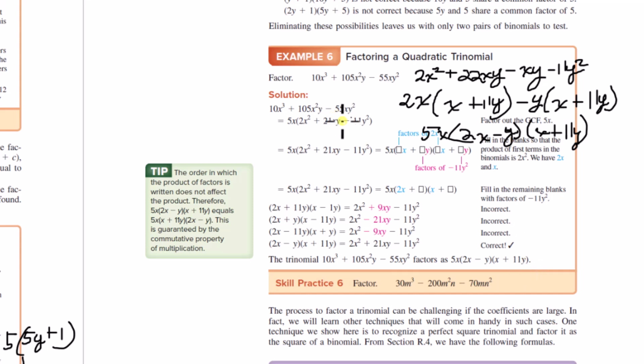So again, what we did was we first factored out the greatest common factor, and then we inspected this and saw that it is in a polynomial form, right? It needs to be some form of a quadratic trinomial. So this is x to the second, then x to the first, then x to the 0. And then you consider the coefficients, like here's a coefficient of 2, here's a coefficient of 21y, here's a coefficient of minus 11y squared.